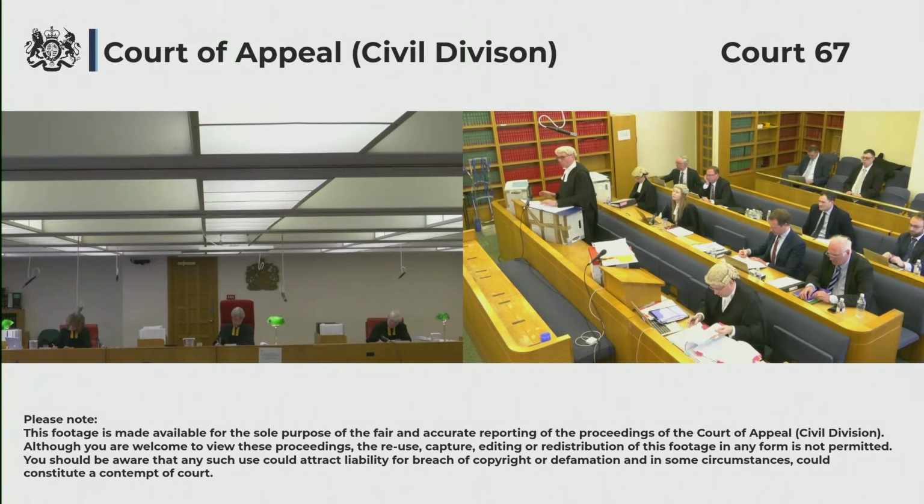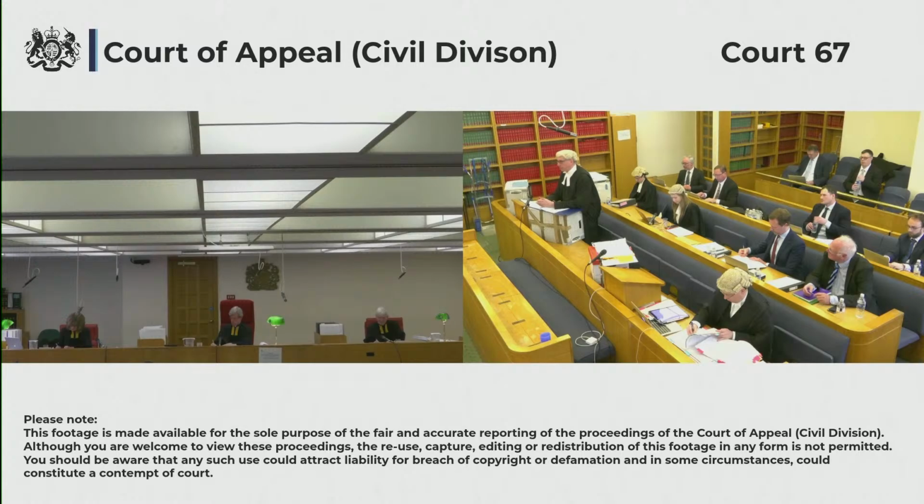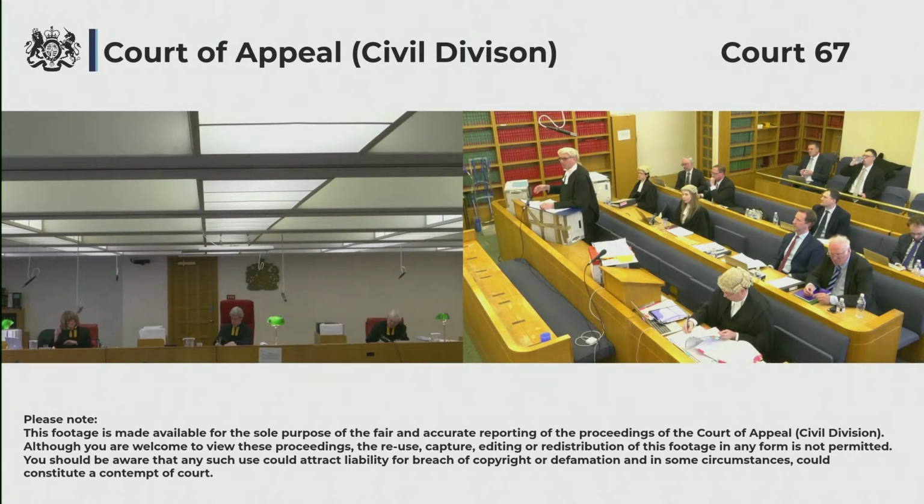And this arose, and perhaps this comes on to what I'm going to say about disposal. Issue E, as with other issues, arose out of the decision of the First-tier Tribunal. What we asked the First-tier Tribunal to do, and they agreed to do, was produce a draft decision answering all the various issues, which is 1 to 14, with some agreed.